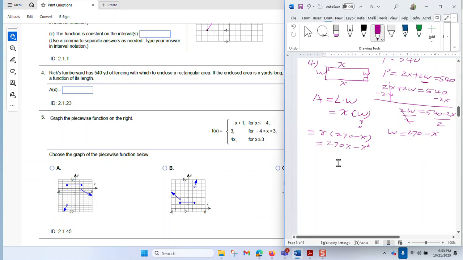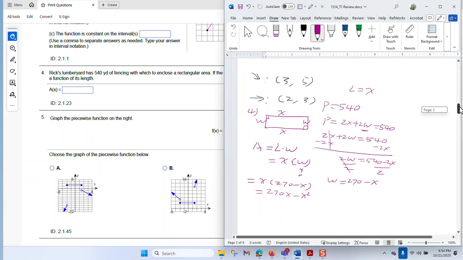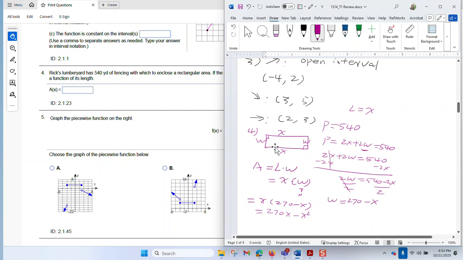Okay, so that is the one you will need to be able to express the area in terms of one variable x in here. Any questions? So this one right here, you have to know the formula for the area, right? The rectangle area, which is just length times width. And then you also have to understand what 540 yards means.